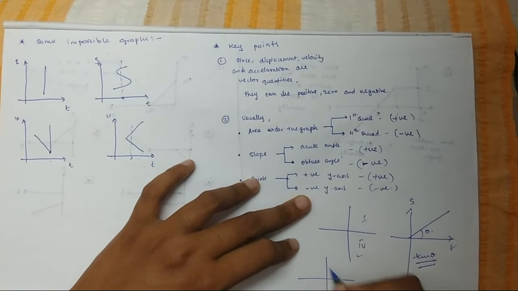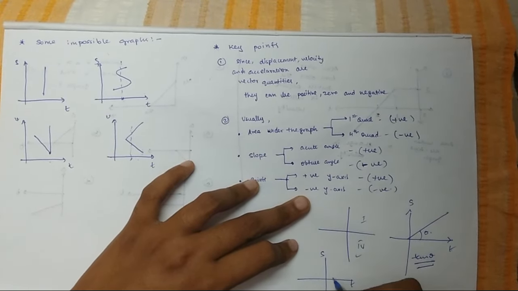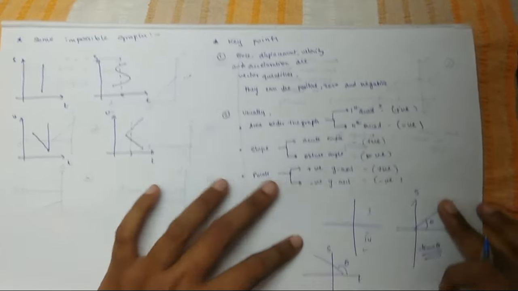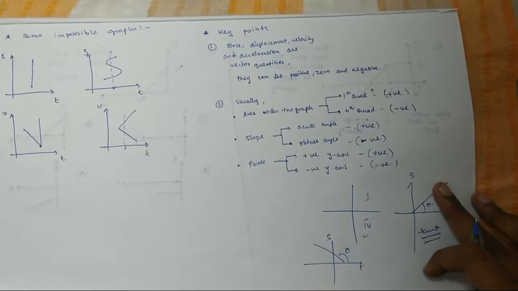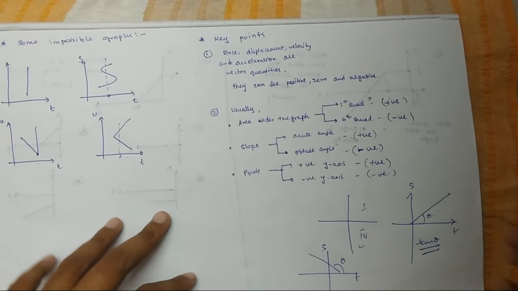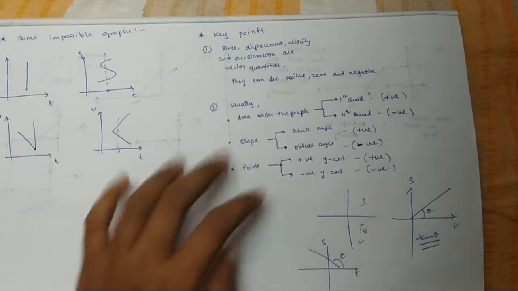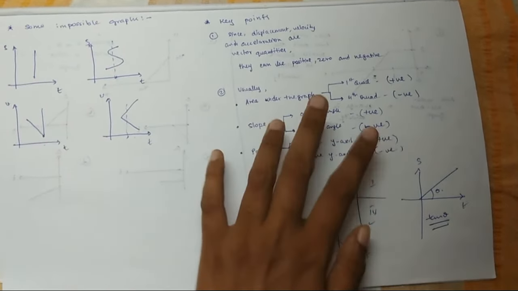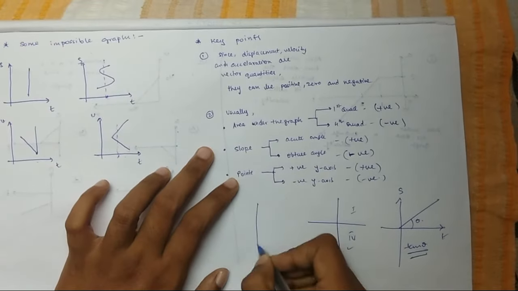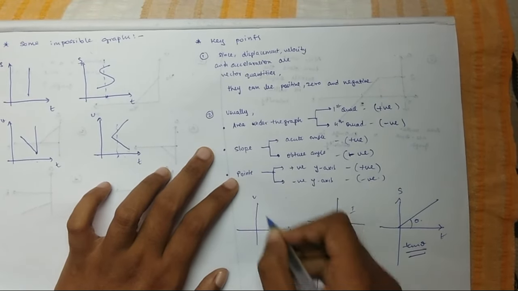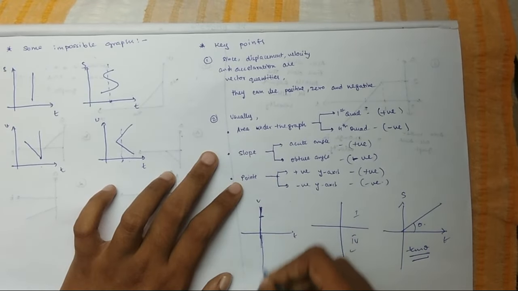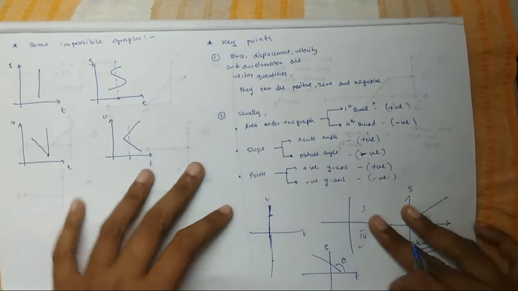For an obtuse angle like this, tan theta is negative, which means negative velocity. That's negative and positive velocities imply the direction. So for an obtuse angle, we usually consider it as negative. Similarly, for a velocity time graph, the positive y-axis is positive velocity, and the negative y-axis represents negative velocity.